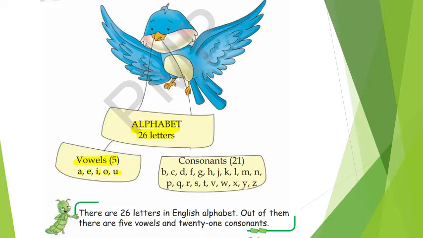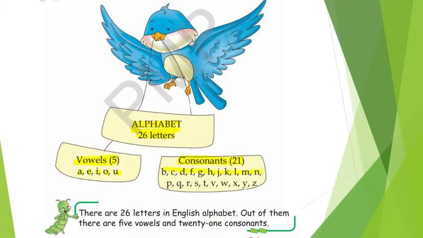Other than these 5, the rest are consonants, and there are 21 consonants. So 21 plus 5 is equal to 26. Clear? Out of 26, there are 5 vowels and 21 consonants.